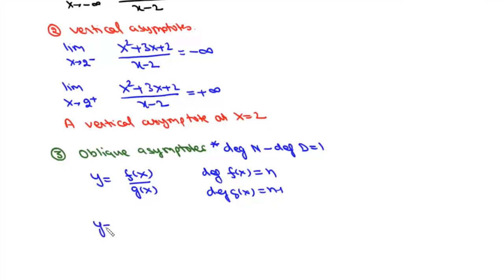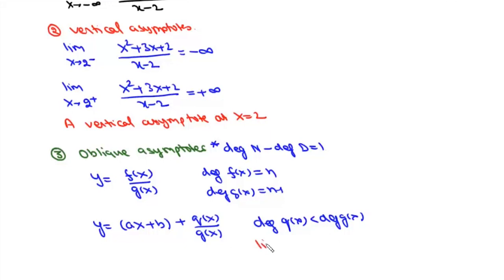So when we divide it, we can write this as y equals ax plus b plus q(x) upon g(x), where degree of q(x) is less than degree of g(x).